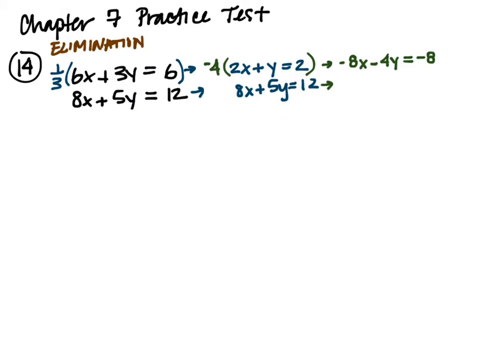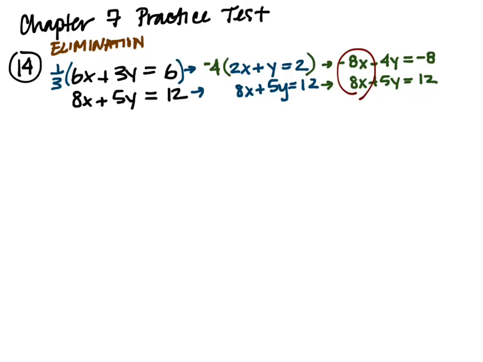And pulling this over, I get 8x plus 5y is equal to 12. Now I find that I do in fact have additive opposites here with the x terms. Since those are additive opposites, these are canceling. So -8x and +8x, again, those are the additive opposites.